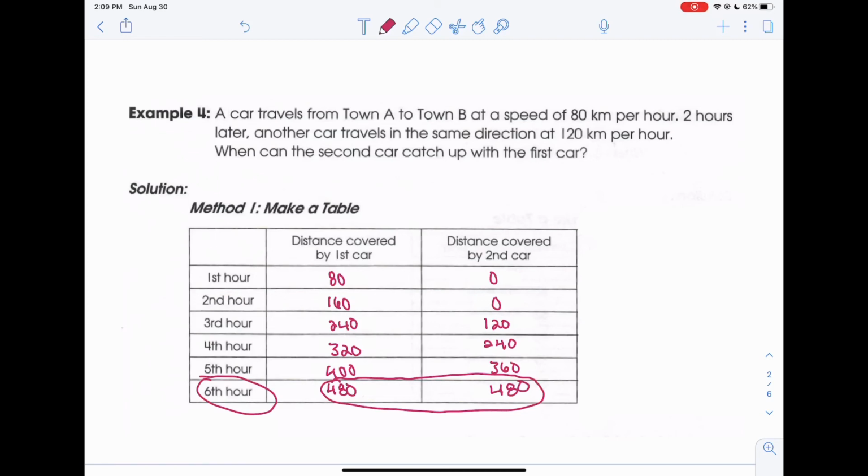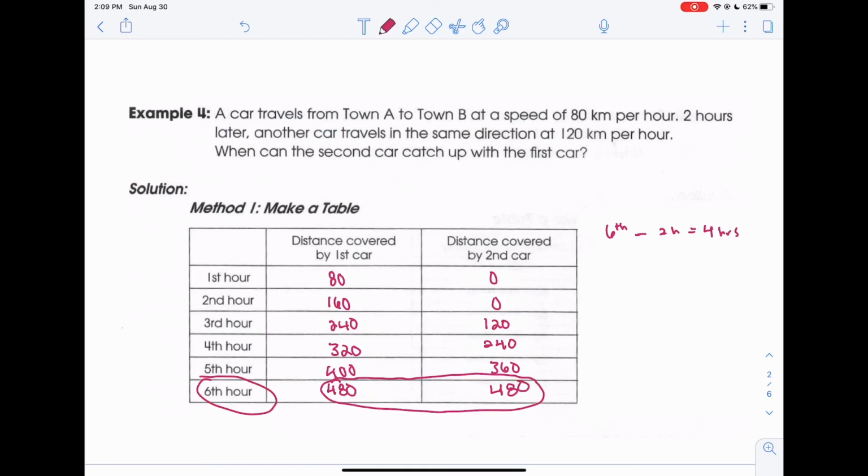So that means that after the 6th hour, minus these 2 hours, it'll have caught up with the other car in 4 hours.